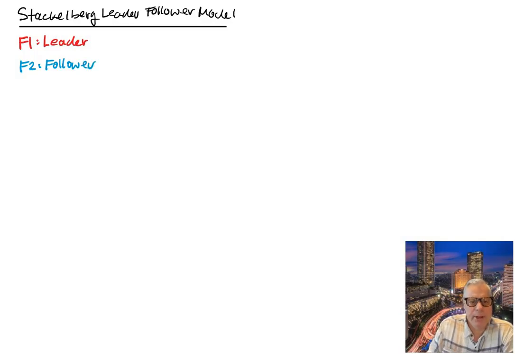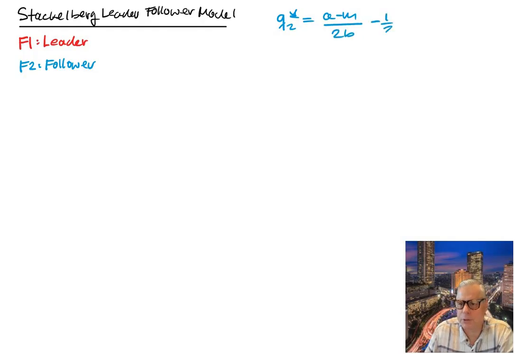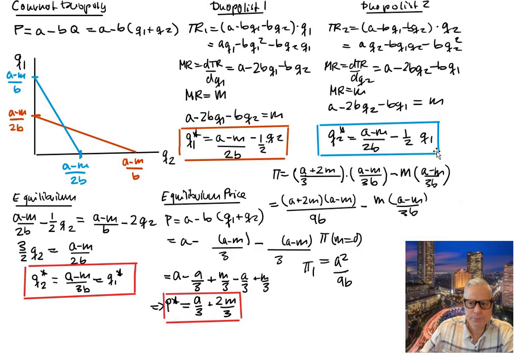So now we already know the response function of the follower because we calculated that earlier. So that response function was (A minus M) over 2B minus 1/2 Q1. That was the response function of firm 2, and we derived that earlier.